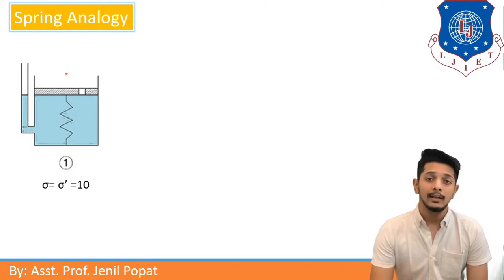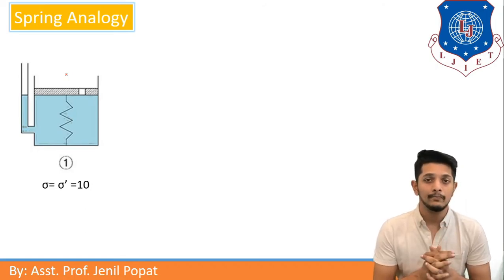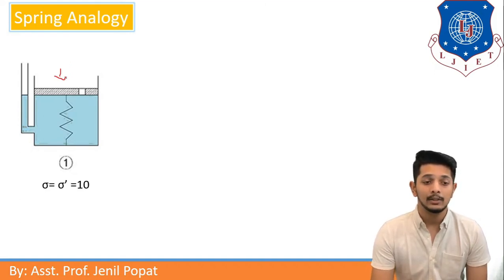Now let us assume we have applied 10 units of pressure. In the first case, the whole 10 units of pressure will be taken by the spring only and not by water, because the valve is opened. After this we will close the valve as the water is filled, and we can see here there is no pressure on water.